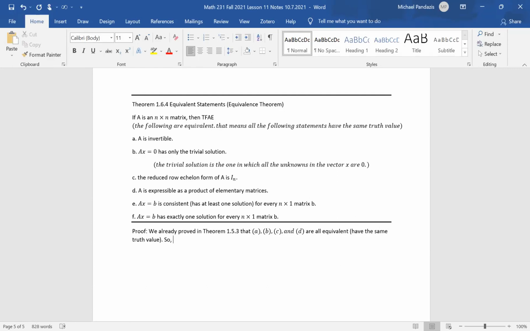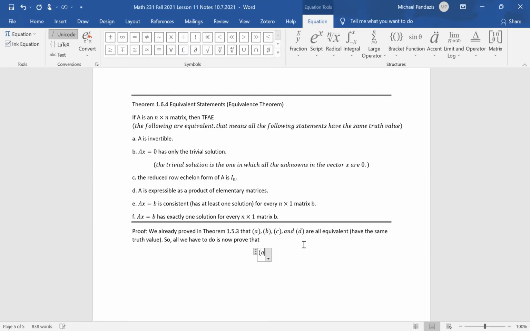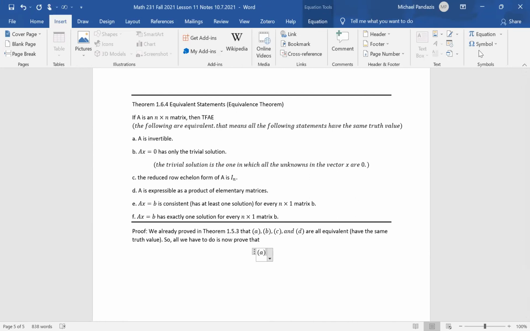So all we have to do now is prove the rest. If we do this, we show that all the statements, including the new ones, are equivalent. So we want to show that A implies F, and that F implies E, and then E implies A.